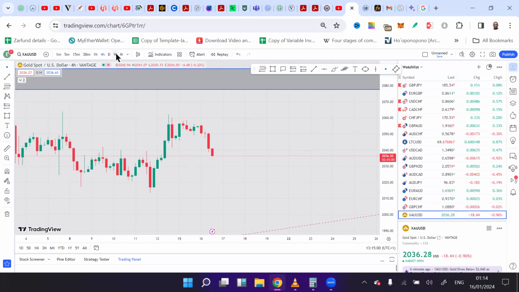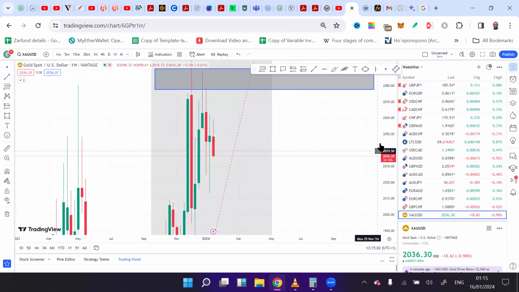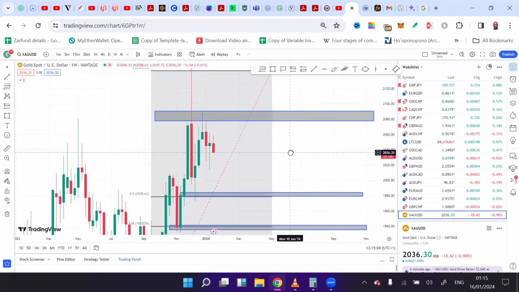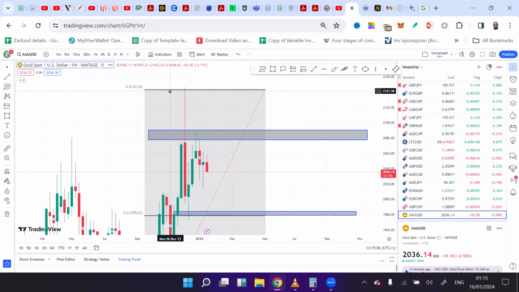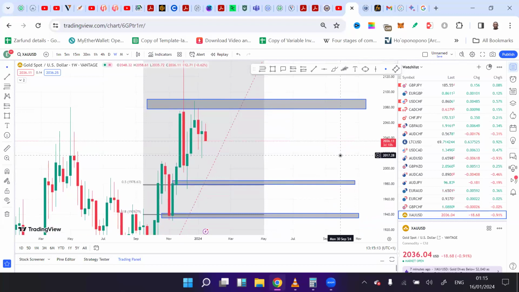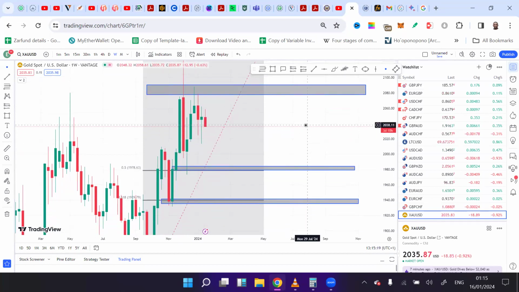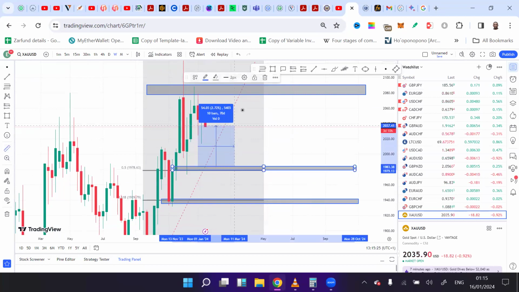When you look at it from a higher time frame, gold went to an all-time high of about 2,150. This was some weeks ago. And right now, gold is trying to sell back to this zone or this zone. When gold comes to this area, gold is likely going to buy from here all the way to this top.